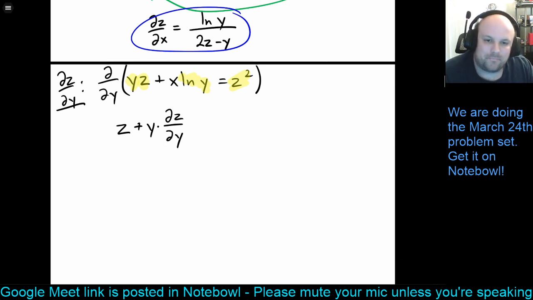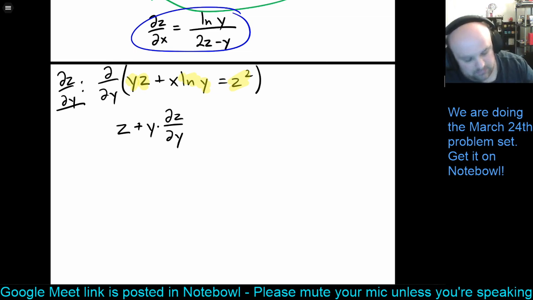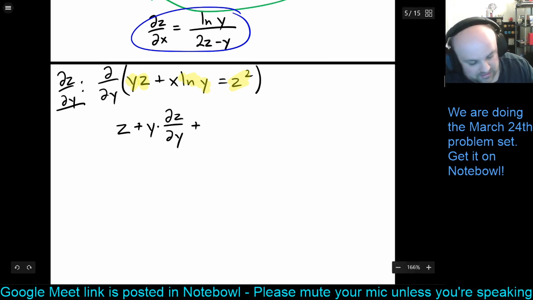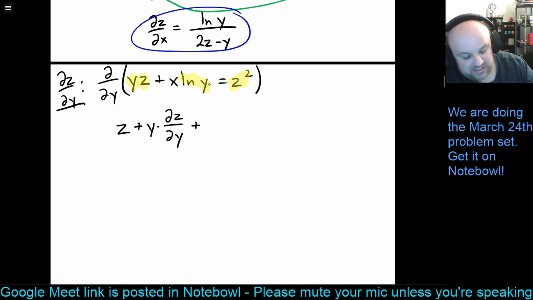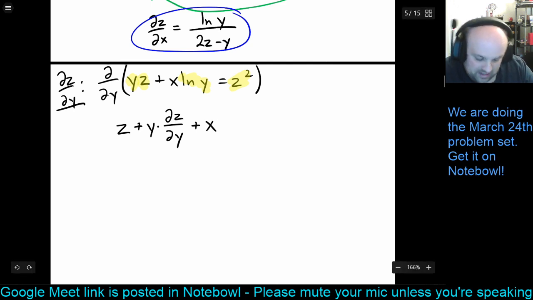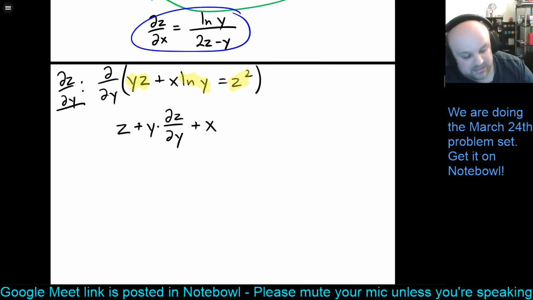So, that's it for that first part. Plus, now we need to differentiate this with respect to y. All right, well, x doesn't depend on y, so we leave that alone. The derivative of ln y is just 1 over y.